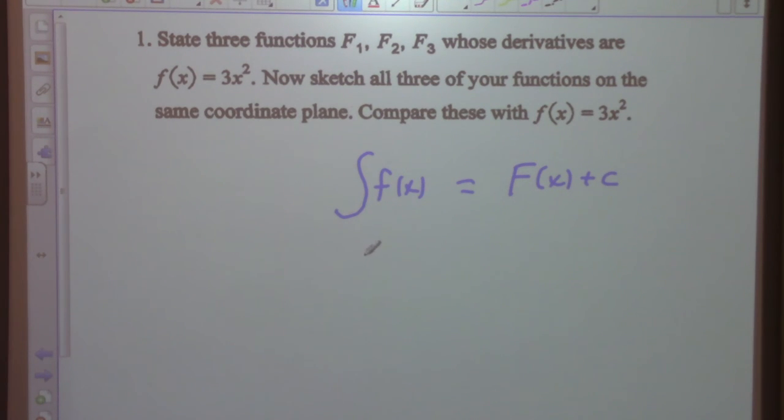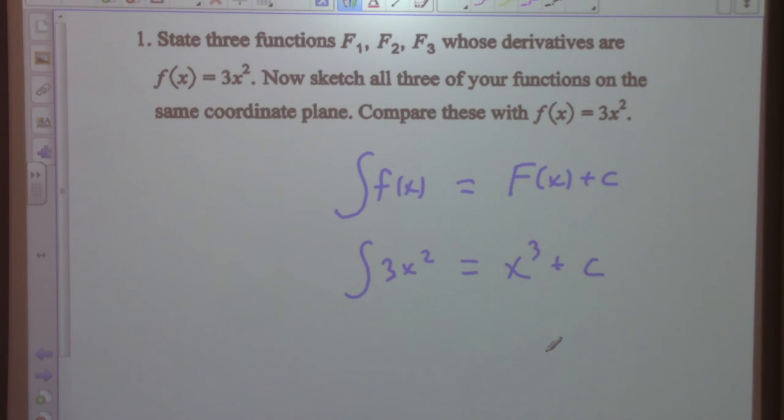So let's work that out. The integral of 3x squared is going to be equal to x cubed plus c, plus any real number. And so this is an example of an indefinite integral.